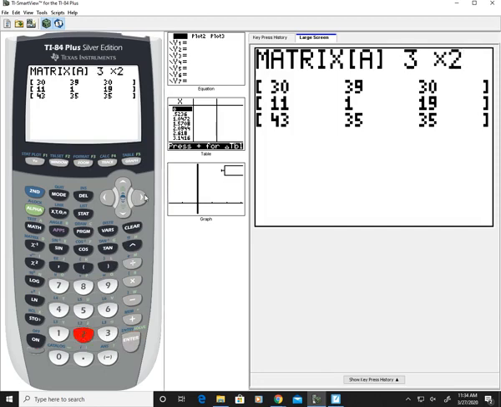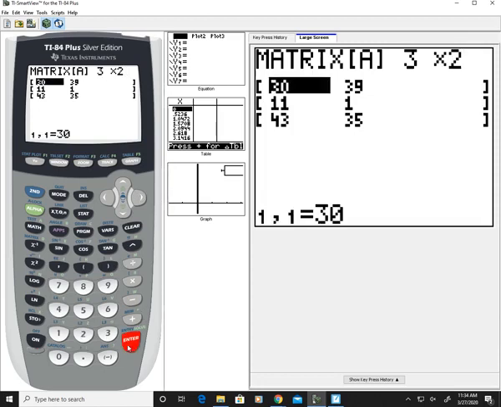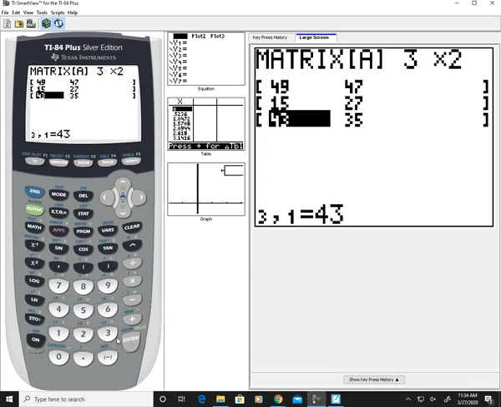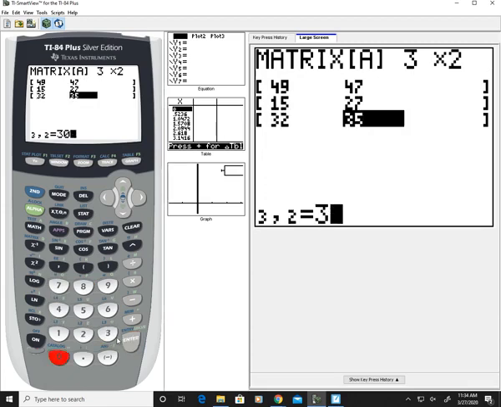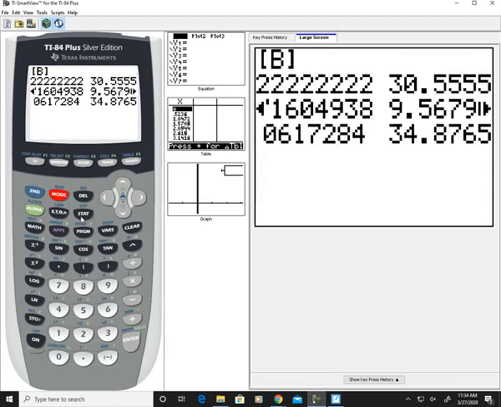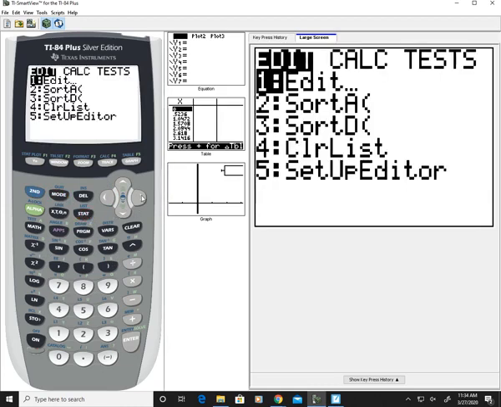I am a 3 by 2 now, not 3 by 3. Don't enter the totals. Make sure you've hit enter on that last one. I find sometimes just to move your cursor to see if you actually have the 30 there. I do. I am going to quit and go into stat tests.